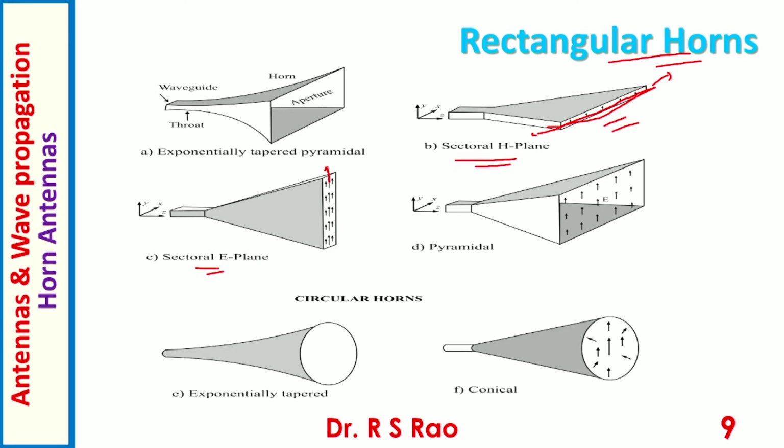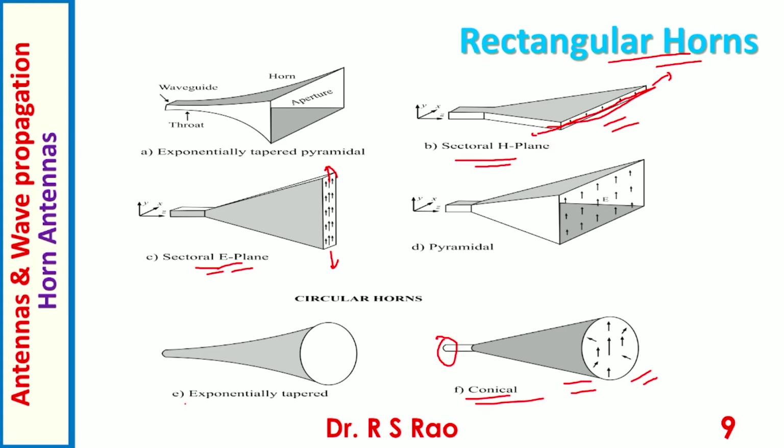Broader walls are pulled out. The vertical plane parallel to side walls is the E-plane. So here pulling out is in a vertical plane, the E-plane. That's why this is called a sectoral E-plane horn. In F is shown a conical horn, circular waveguide. The wall is pulled out, resulting in a conical horn.